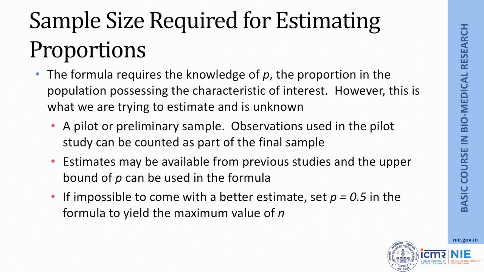Now, suppose we are going to estimate a proportion, not a mean. The formula is more or less similar, but what you need is knowledge of P, that is the proportion of the characteristic or the factor of interest in the population. This also may not be known.